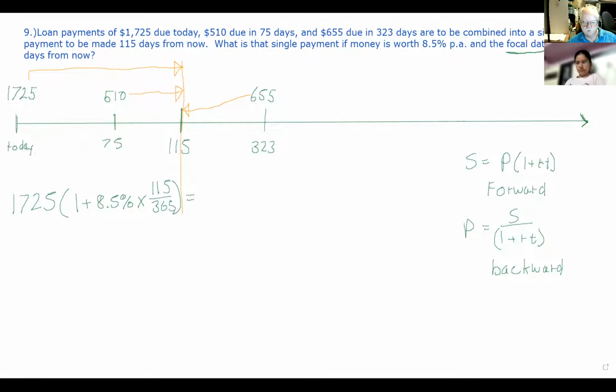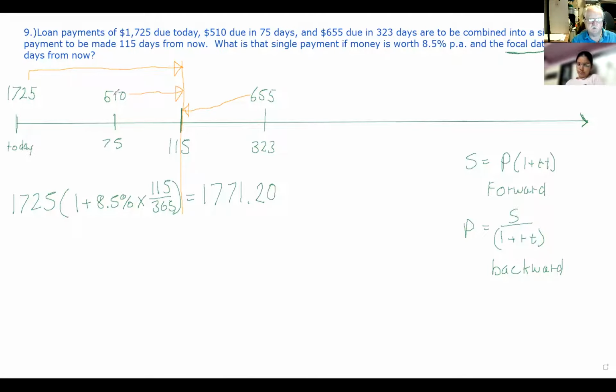So if you've managed to figure out what that will become in 115 days, let me know in the chat box. 115 divided by 365 times 8.5% plus 1 times 1725. So this is going to become 1771.20.